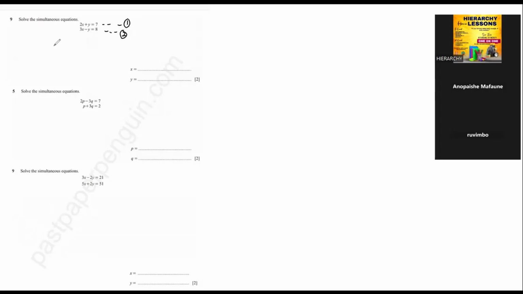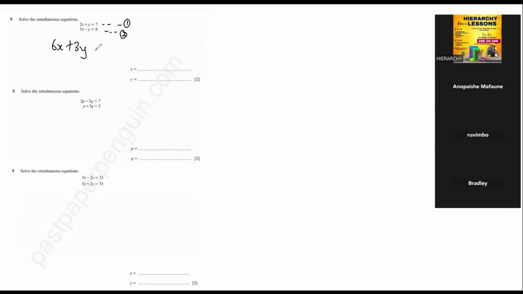Yes. So which means we get 6x plus 3y equals 21. And then the second equation, we're multiplying by 2.